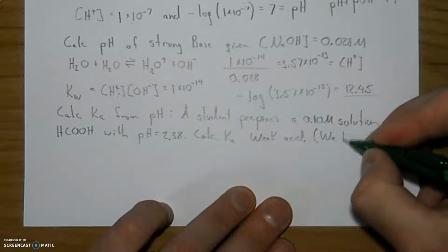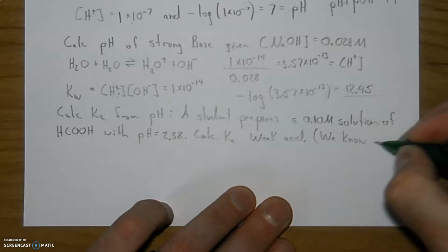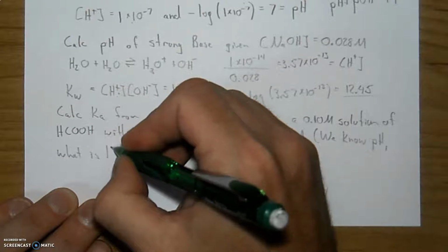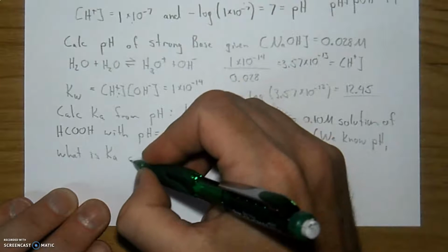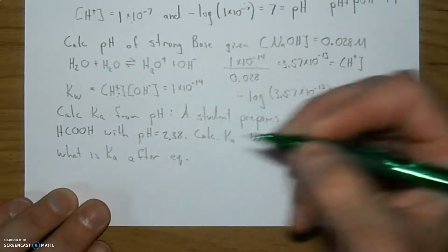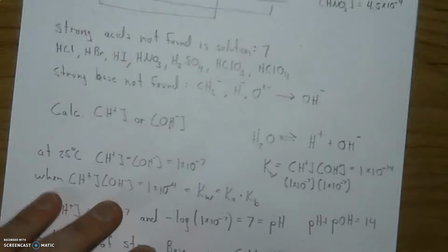We know the pH. What is the Ka after equilibrium? I'm going to grab a new sheet here and start over there.